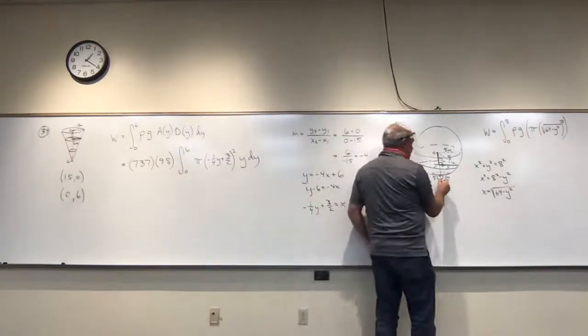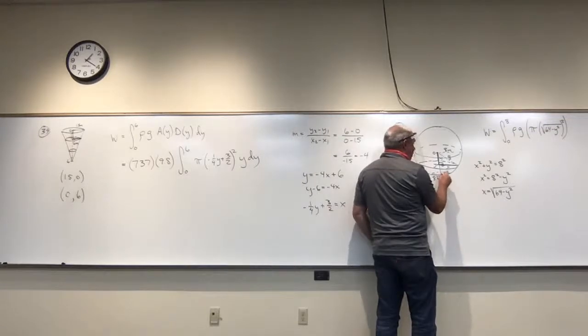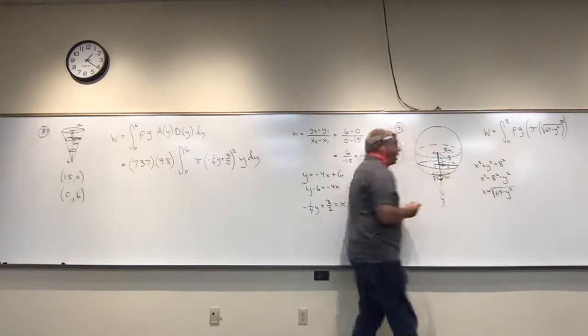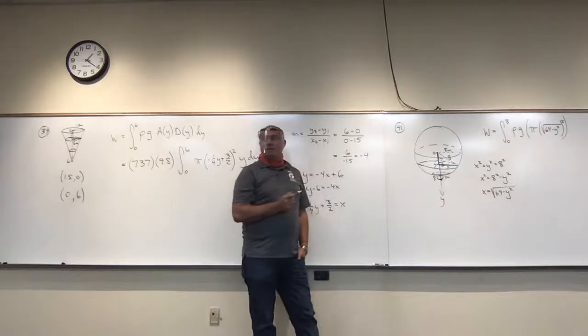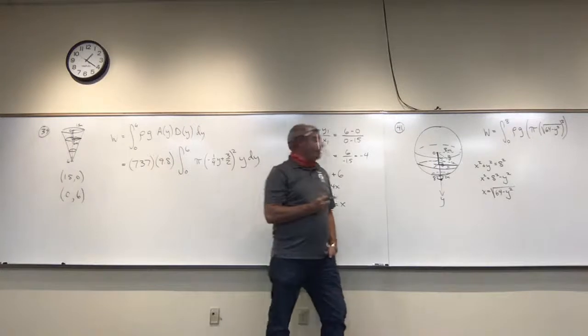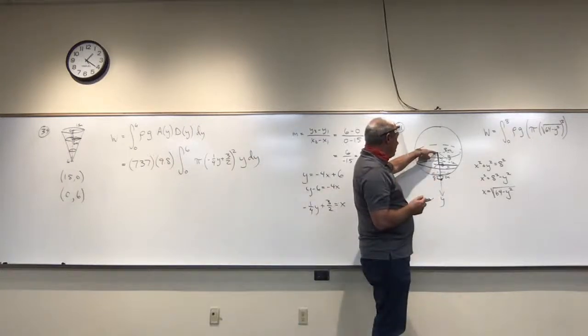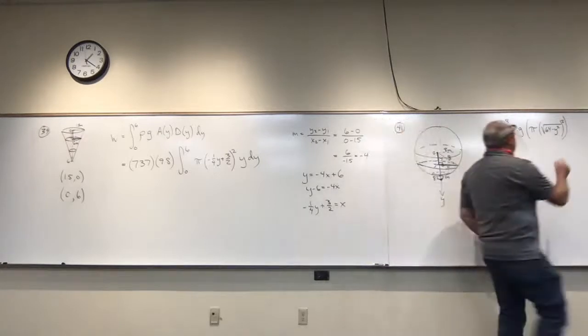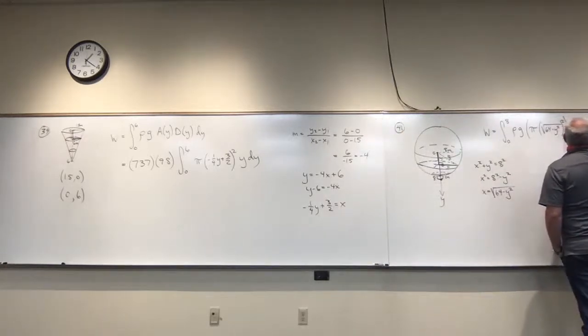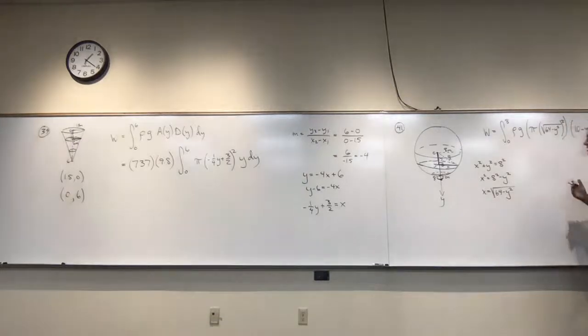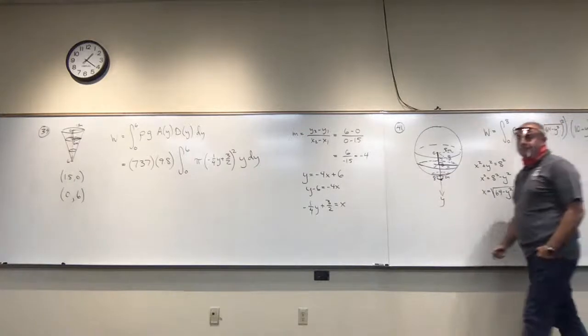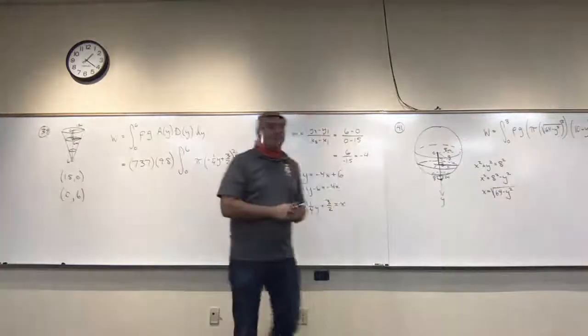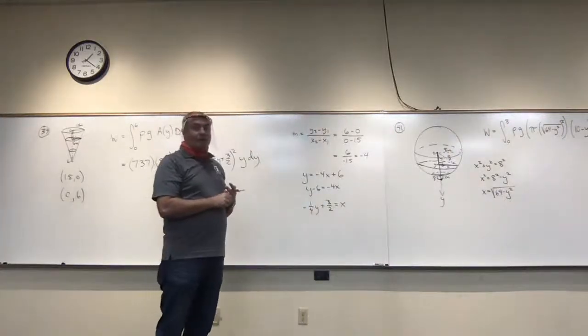So if I'm sitting down here, how far do I have to go to get to y? 10 minus y. Does that make sense to everybody? So 10 would get me to here, minus y would get me to y. So this is times 10 minus y, the distance it needs to be pumped, dy. And that will get the job done.